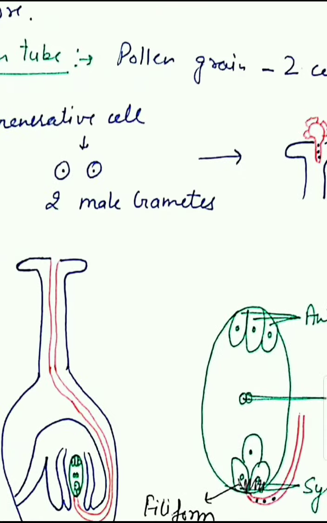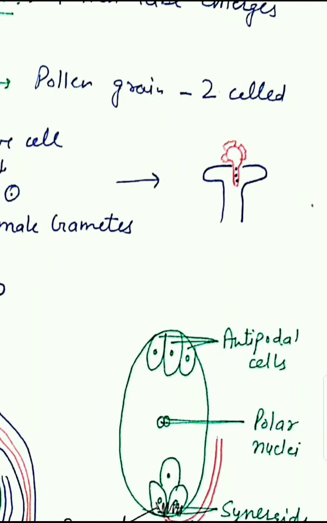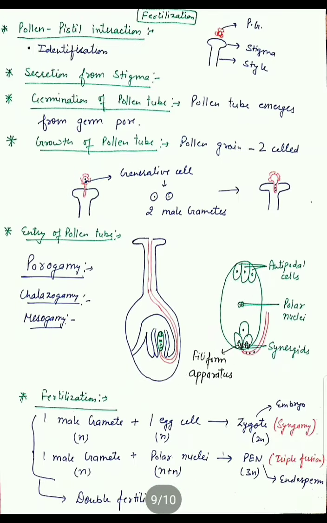So we can see that there are three nuclei: two male gametes and one vegetative nucleus. Then the pollen tube enters the ovule, up to the embryo sac.